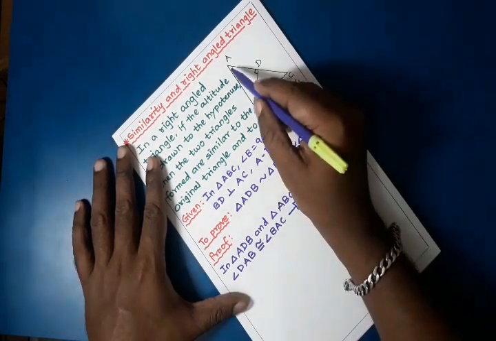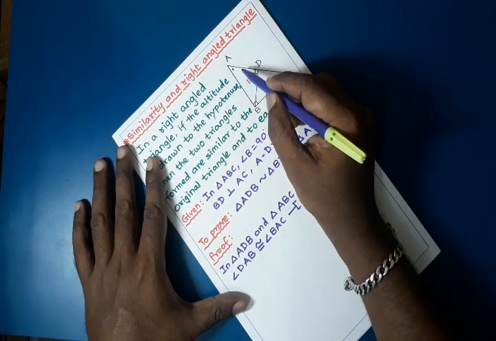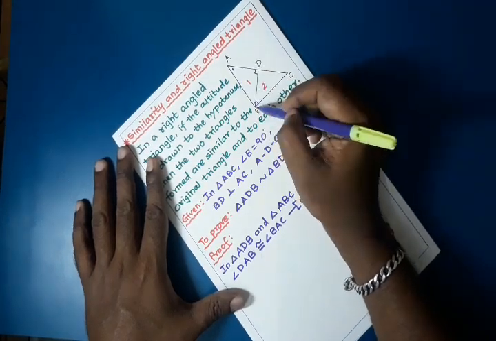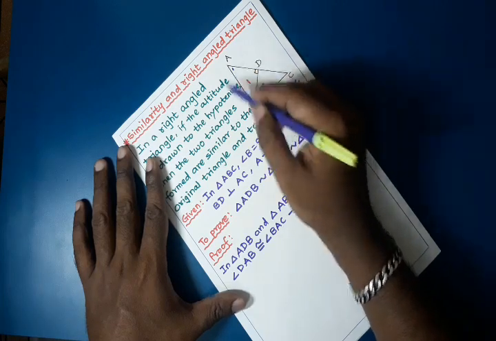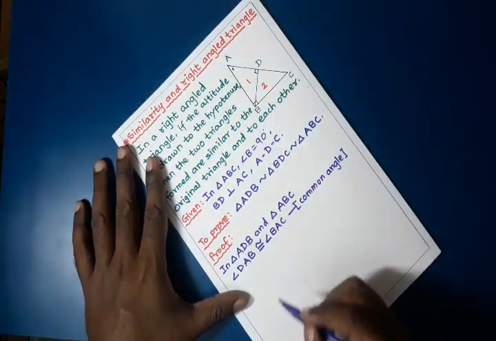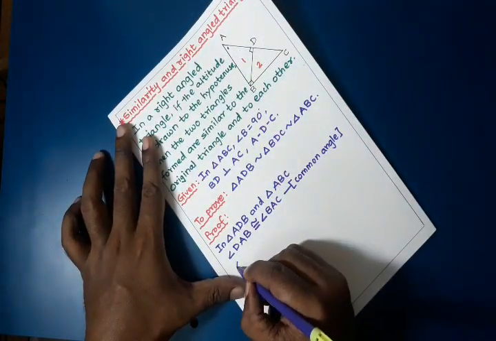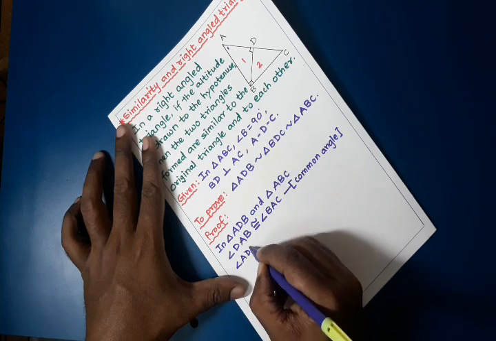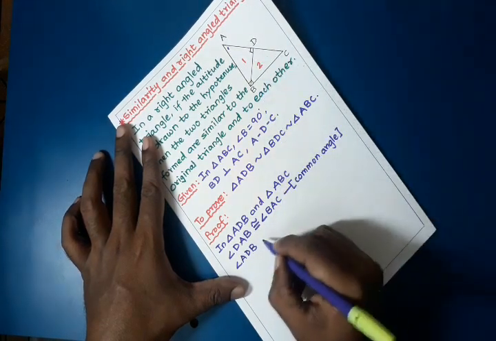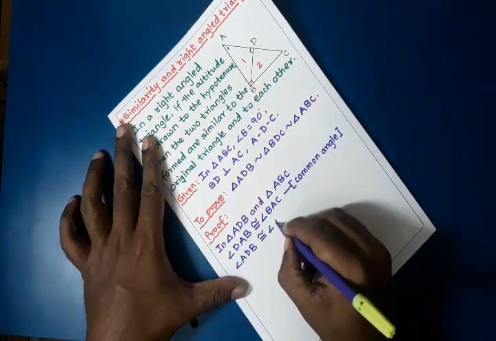Look again, in triangle ADB and triangle ABC, angle A is a common angle. In triangle ADB, we can write it as angle DAB, and in the original triangle, we can write angle BAC, or simply angle A. Then in this triangle, angle ADB is a right angle, so it is congruent with angle ABC.